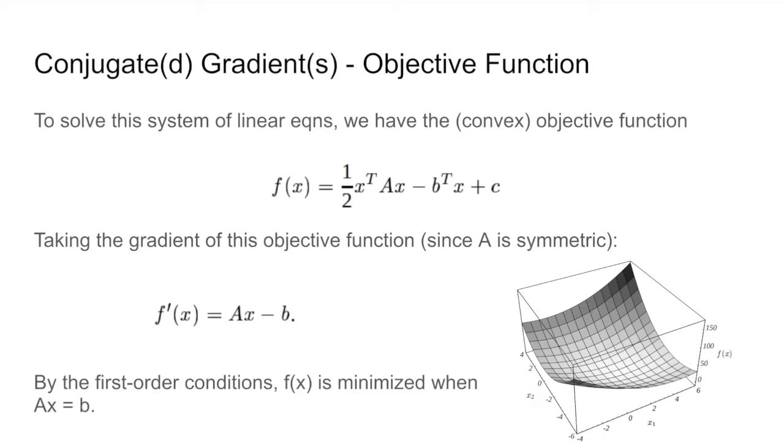By the first order conditions described before, f of x is minimized at the solution when x satisfies Ax = b, basically setting this equal to 0 and rearranging. Now, let's describe the naive algorithm to try and solve this objective function. This quadratic objective function is shown here where n is equal to 2.